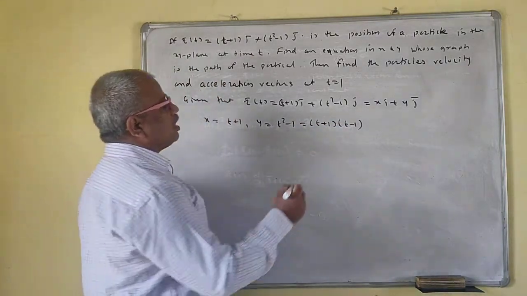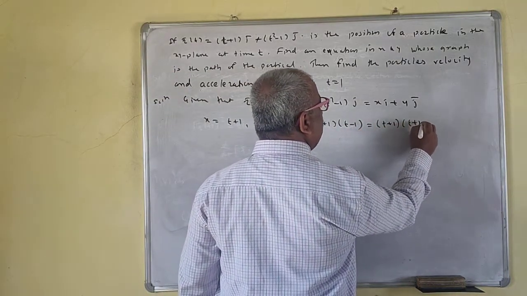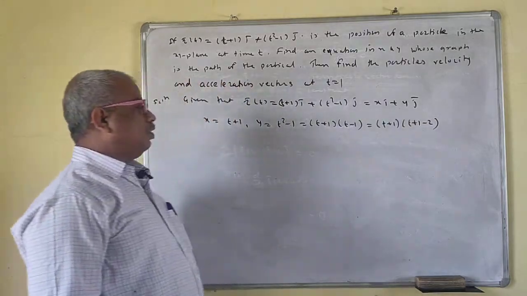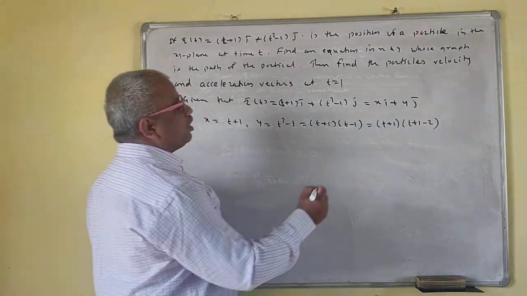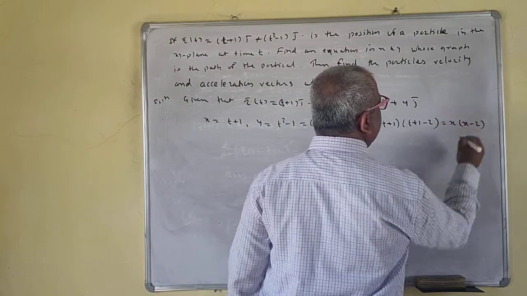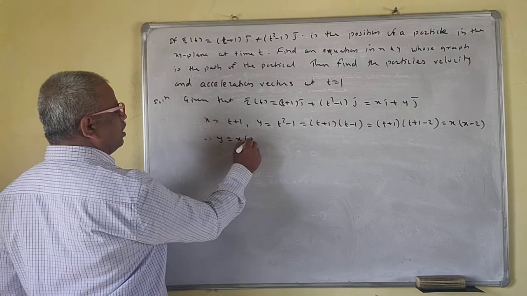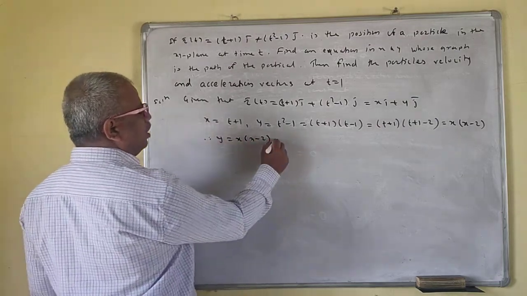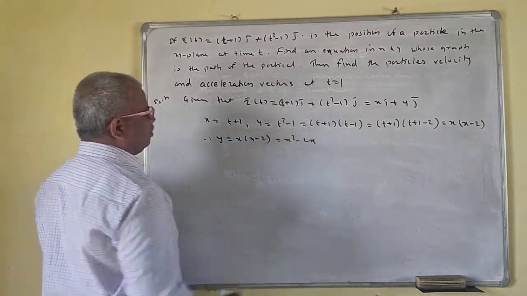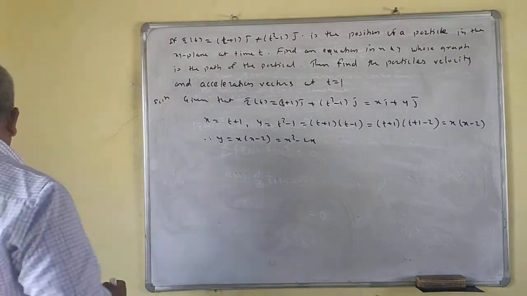This I can write in terms of t plus 1 minus 2. So t plus 1 is your x, and again t plus 1 minus 2 is x minus 2. So your y is equal to x into x minus 2, that is x square minus twice x.